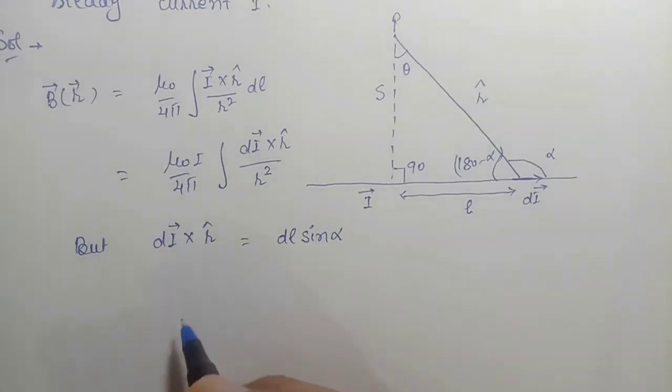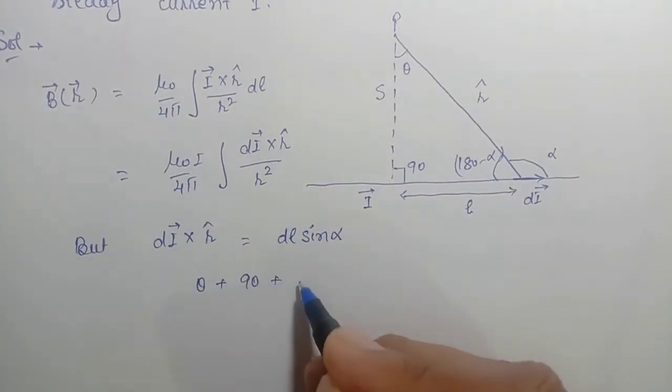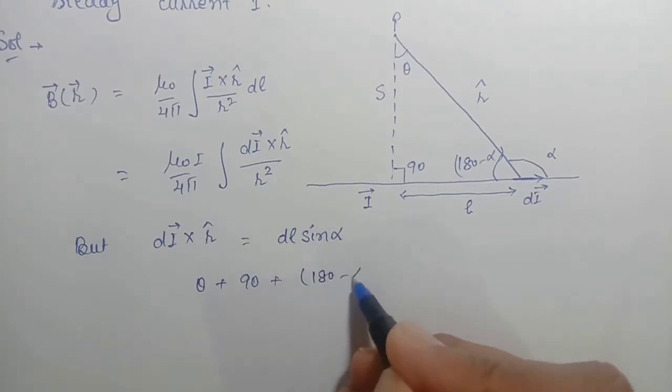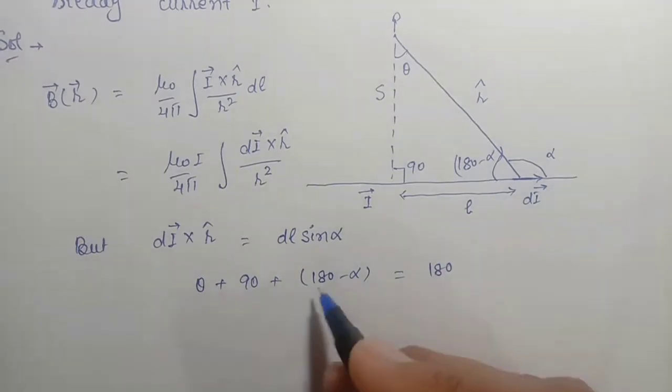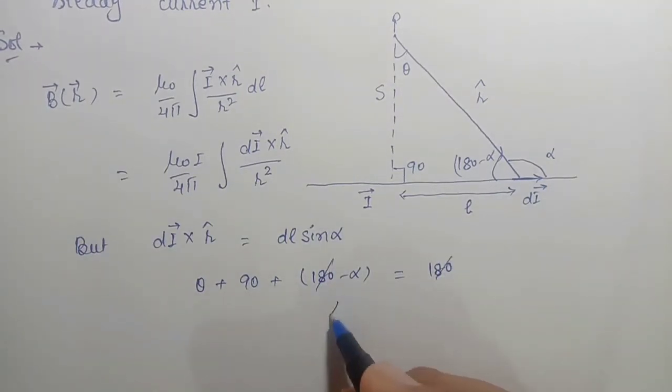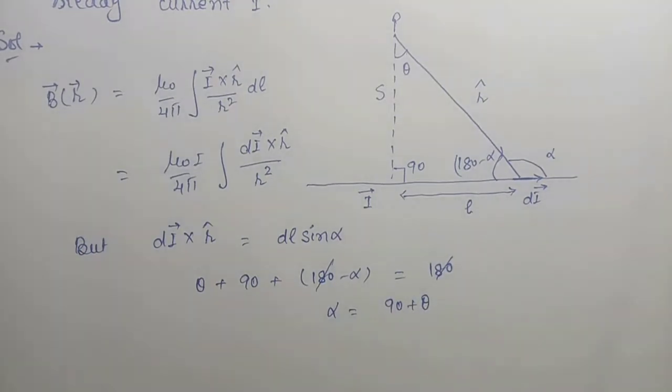So in the triangle, theta plus 90 plus 180 minus alpha is equal to 180. So 180 is cancelled with this, and we get alpha equal to 90 plus theta.